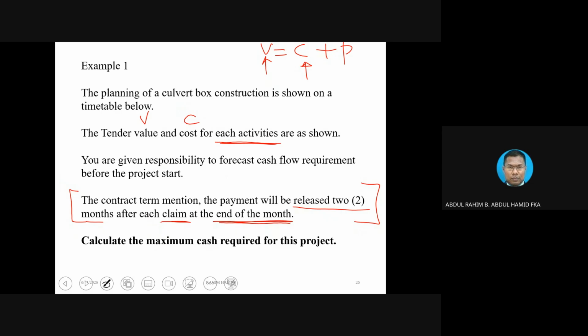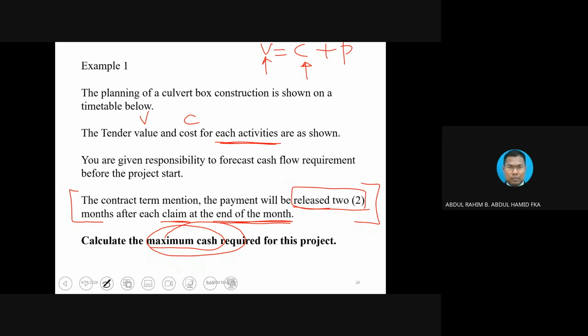Then month number two is only 1 month after completion of the work, so the contractor will not receive payment yet. And then month number 3, the difference between month number 3 and 1 is 2 months, so the contractor can start getting money. It is very important to notice this, because you want to put the calculation into the proper column. Calculate the maximum cash required. This is the key point for this subject.